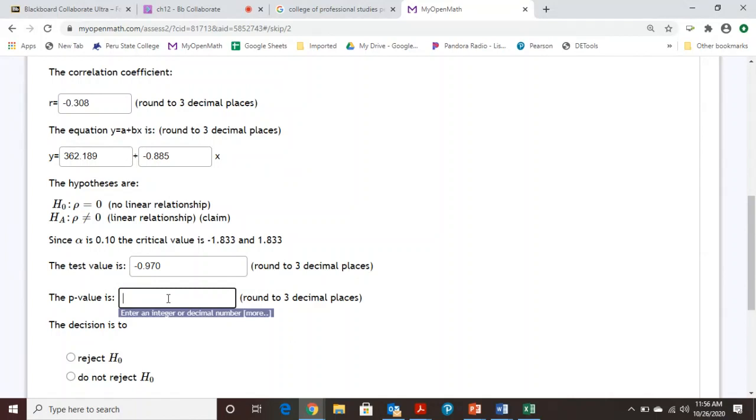The p-value is 0.358. That's really big. That's 35%. We wanted that to be smaller than 10%, which was our alpha. So that's way too big. Also, if you look at the critical value, it was 1.8. We're not near 1.8. We'd have to be outside of 1.8. So we don't have evidence to do anything. We're not going to reject here.